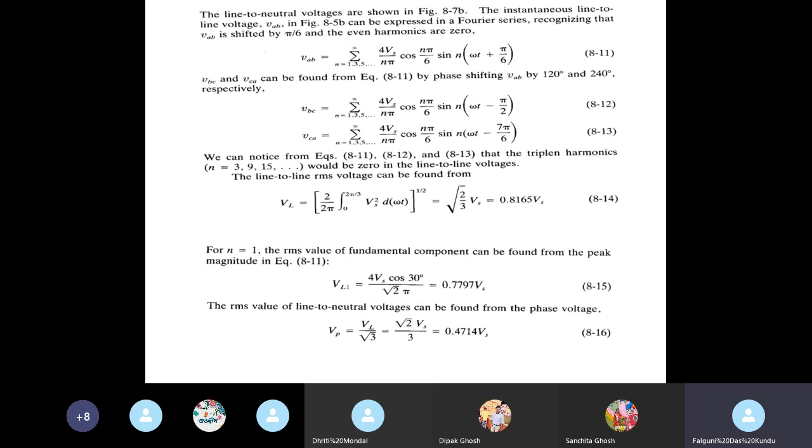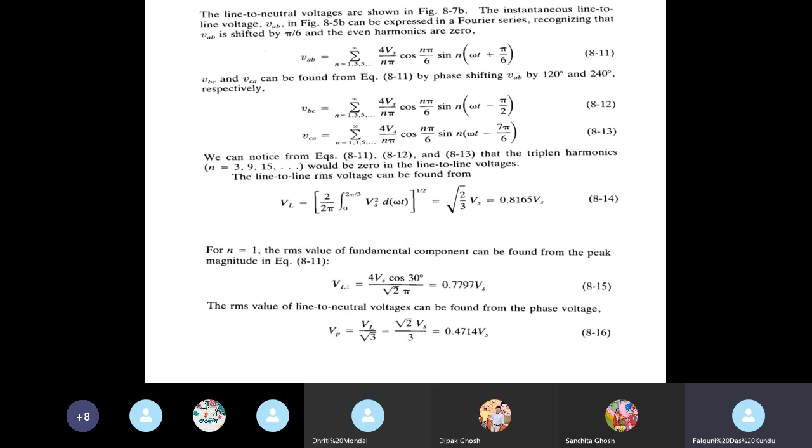That means VAB equals the summation for n equals 1, 3, 5, ... infinity of 4Vs by n pi cos n pi by 6 sine of n omega t plus pi by 6. These are the formulas obtained from the Fourier series. You have to write down only these for your examination.